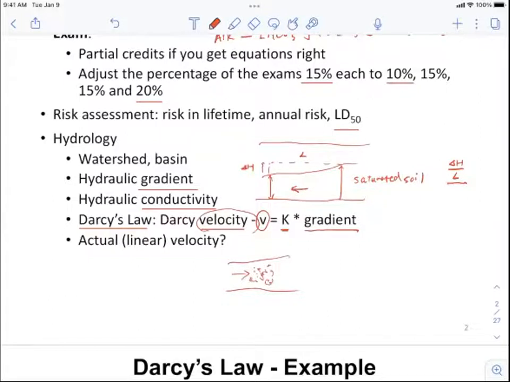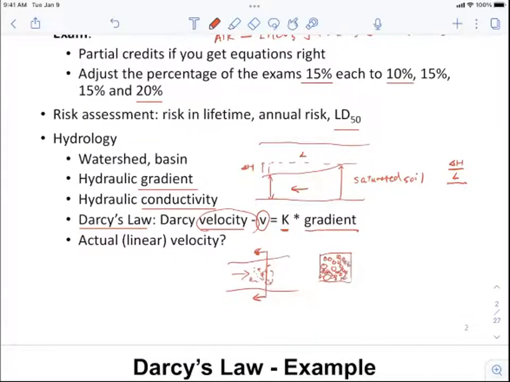For example, if you look at the cross section of this soil, there are all types of sands, some larger ones, some smaller ones, so water is only able to flow through this open area.